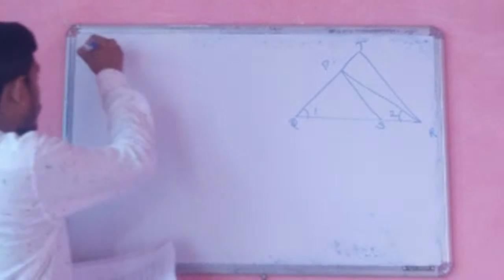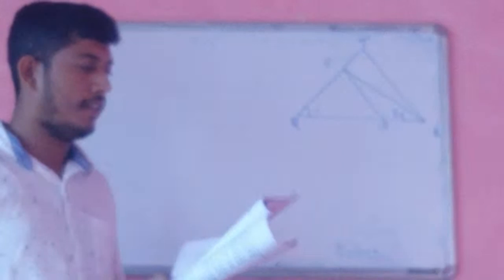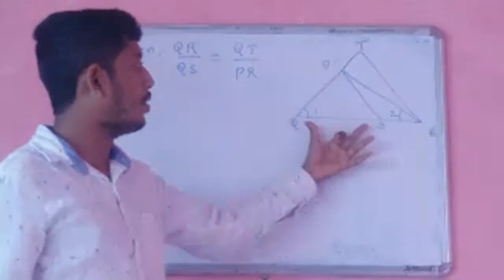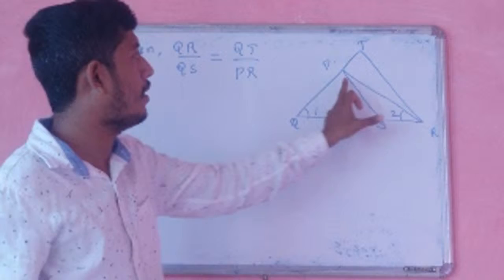And given that, in the fourth problem, in the figure QR by QS is equal to QT by PR. So I will consider the given: QR divided by QS is equal to QT by PR.